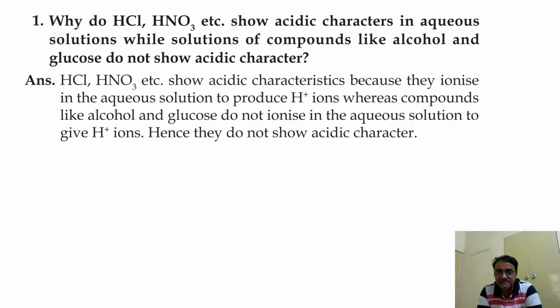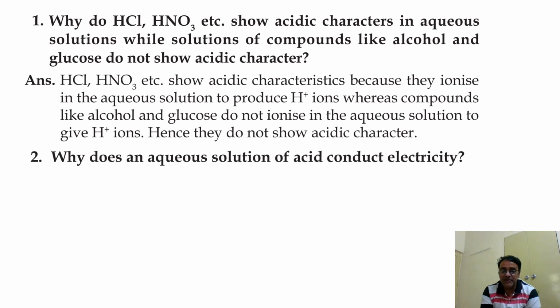So this is the answer. So these two acids show acidic characteristics because they ionize in the aqueous solution to produce H plus ions, whereas compounds like alcohol and glucose do not ionize in the aqueous solution to give H plus ions. Hence, they do not show acidic character.